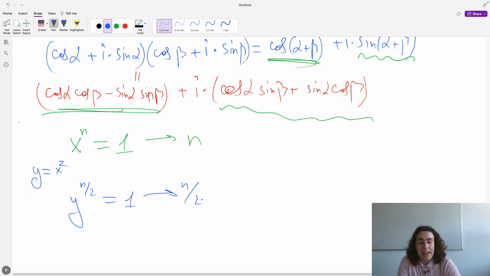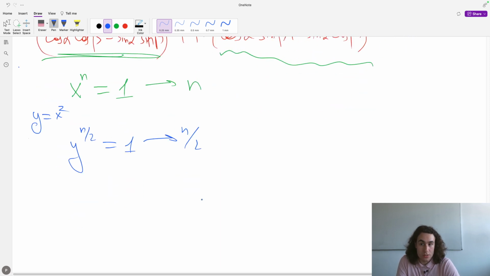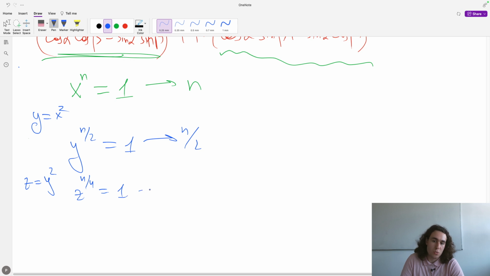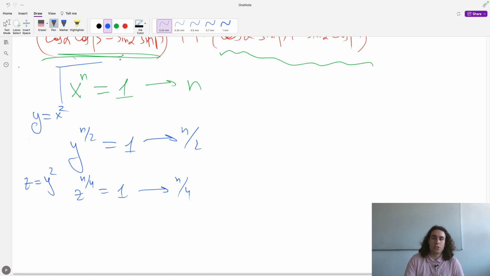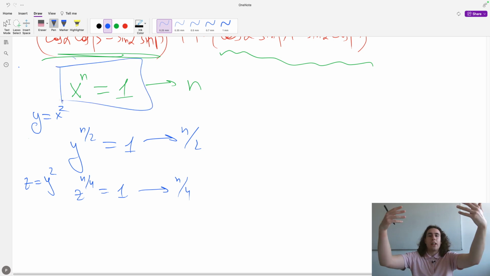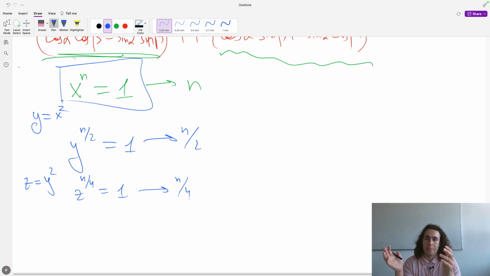And now there are n half of such solutions. Now we square them again. So z is y squared, and we're interested in solutions of z to the 4 is equal to 1. There are n over 4 such, and so on. So this will always work: if we start with solutions to this equation, then on every next iteration of our divide and conquer, we're going to get twice fewer values.